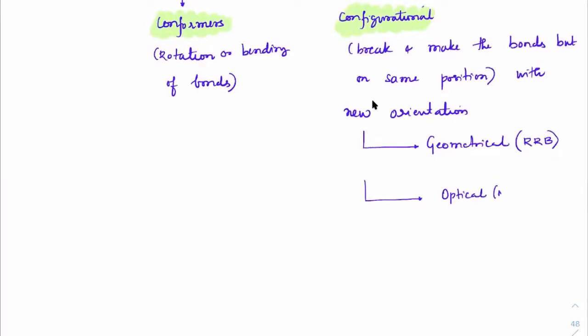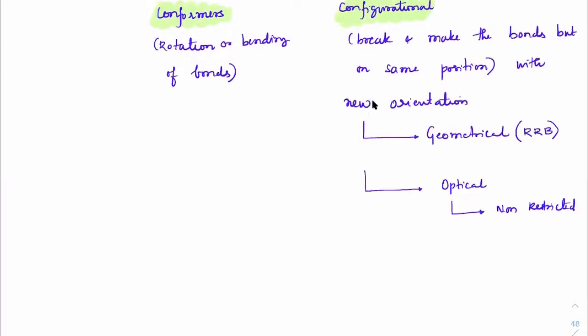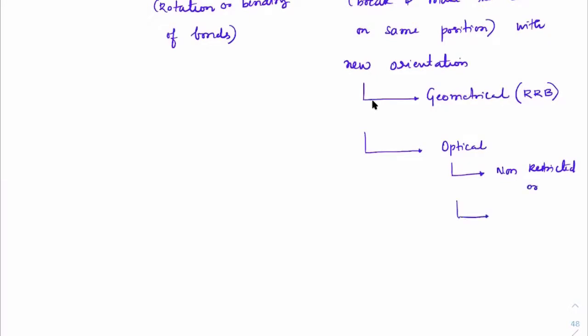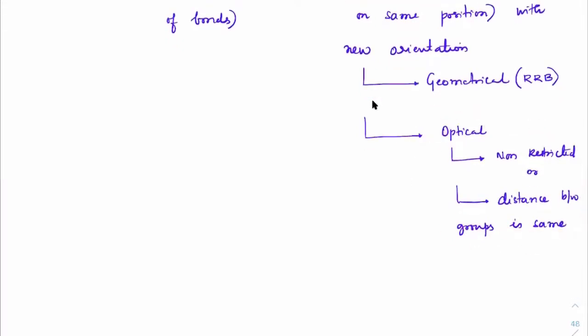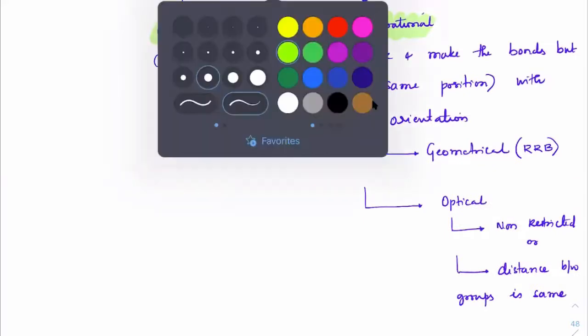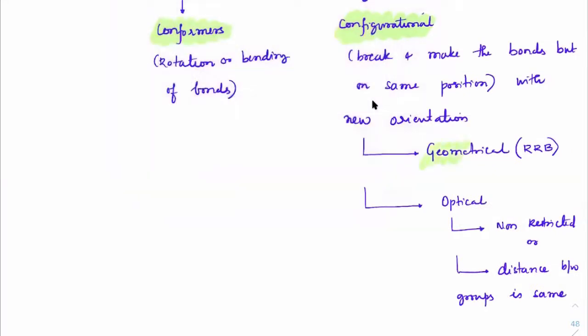Here optical has non-restricted, or we can say that the distance between groups is the same. Anyways, we will dig into more details about optical when we discuss it. As of now, our entire focus is on geometrical isomers.